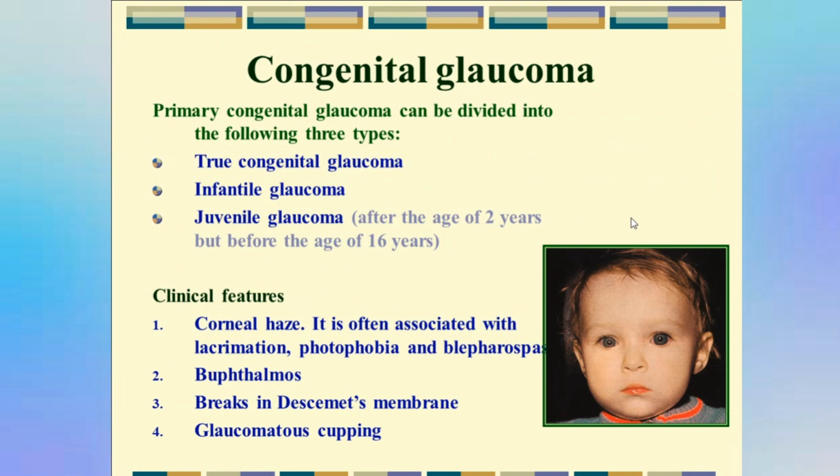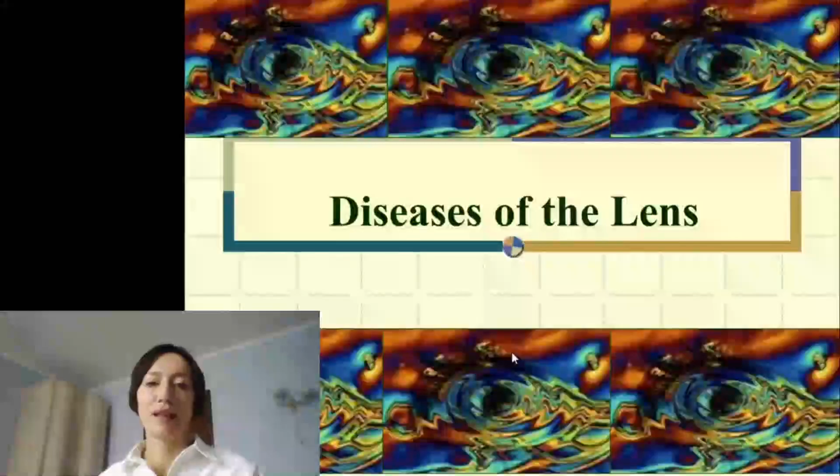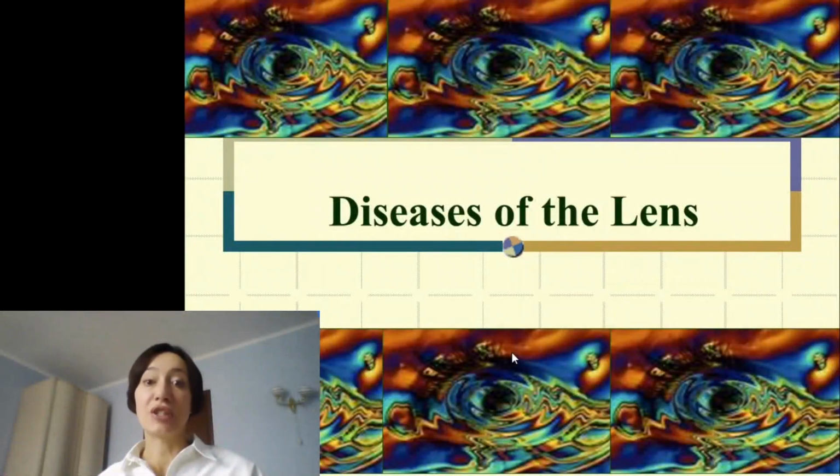If you see such a newborn, you should send it to an ophthalmologist. In the late stages, we can see buphthalmos, or big eye. We can see glaucomatous cupping, excavation of the optic nerve.